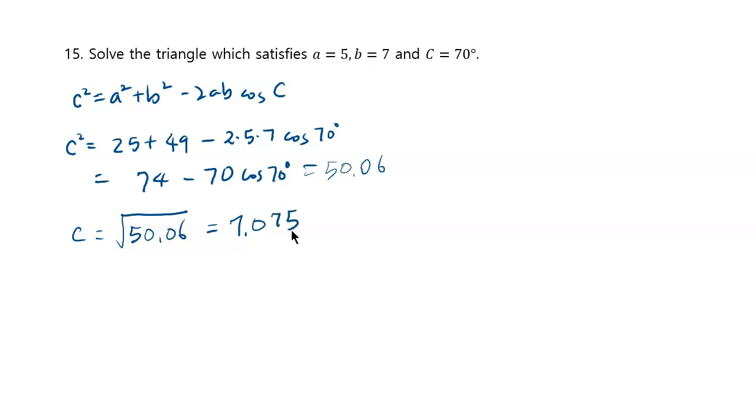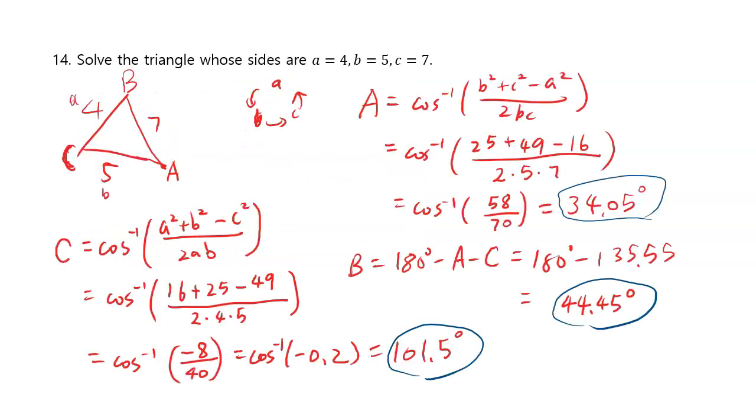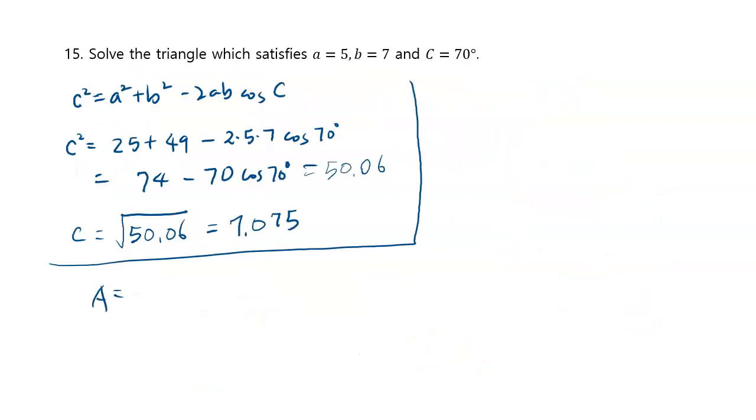Alright. And then, so we have all the three lengths. We have one angle, so we need to find two other angles. And therefore, I have to use the formula for finding angles. Let's look at the previous slides to figure out what that was. A is this one, so let's use that. A is cosine inverse of b squared plus c squared minus a squared over 2bc.